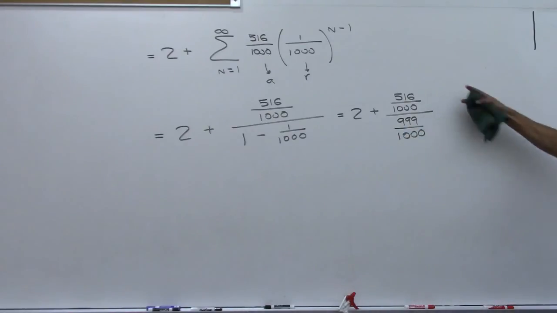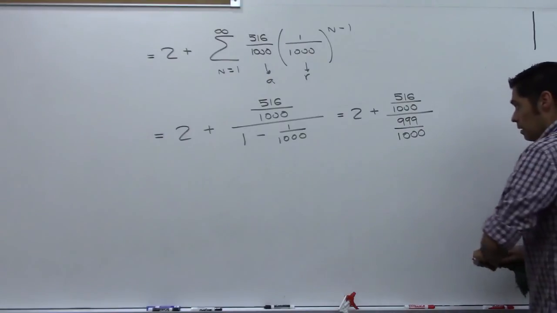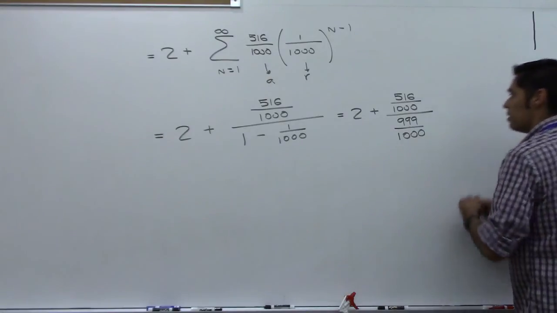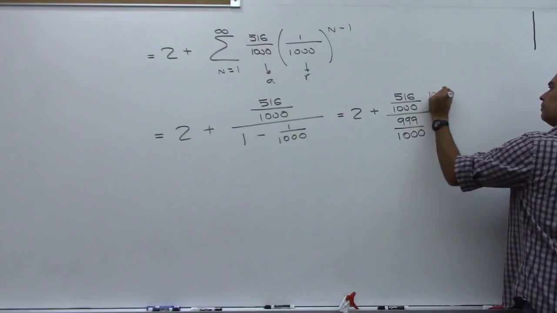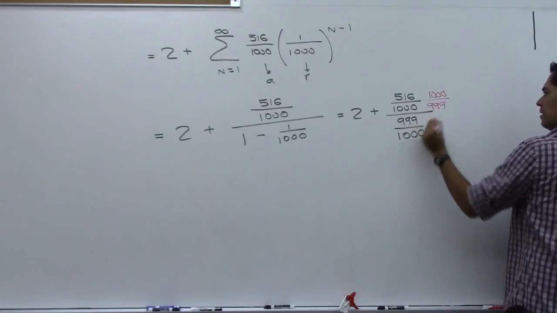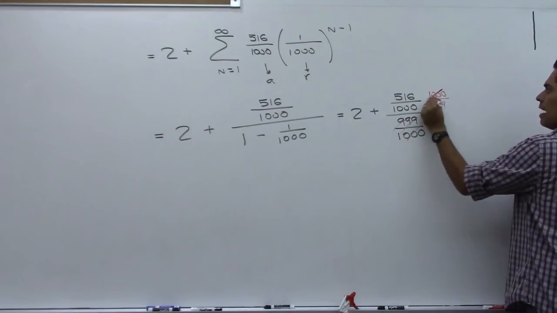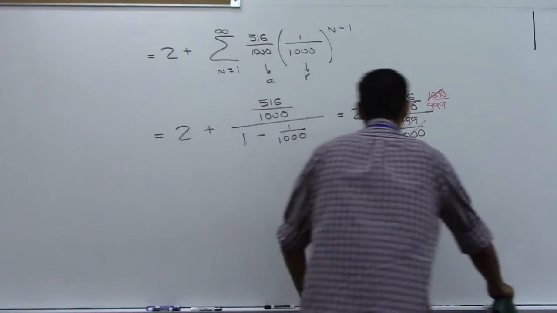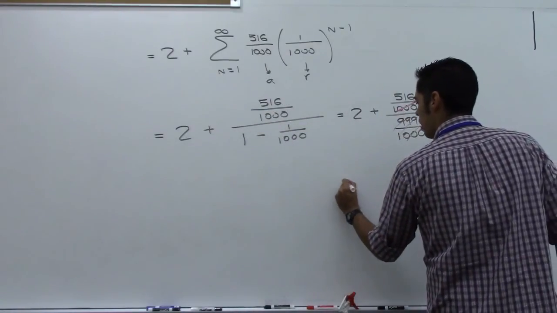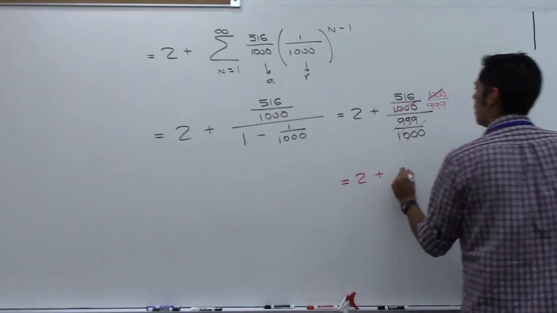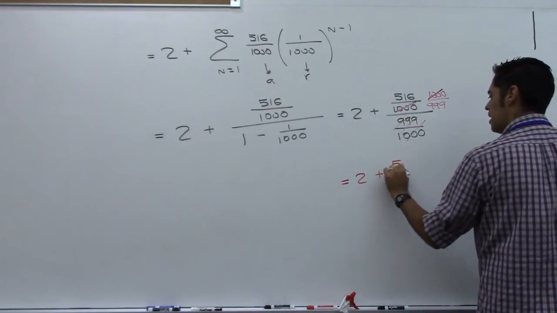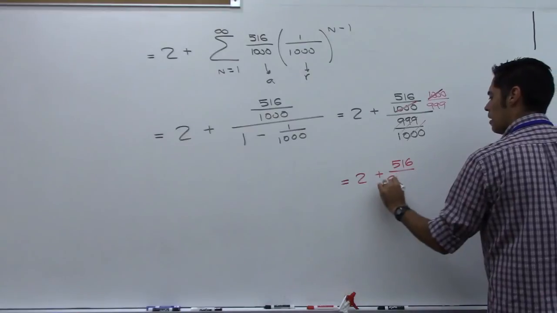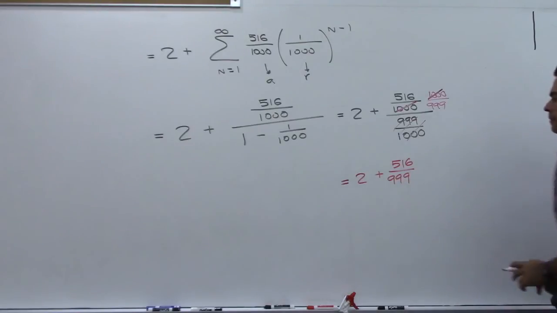And then I flip. So when I flip this, 1,000 here, 999, that's gone now. The thousands cancel, and I get 2 plus, let's see, 516 over 999.